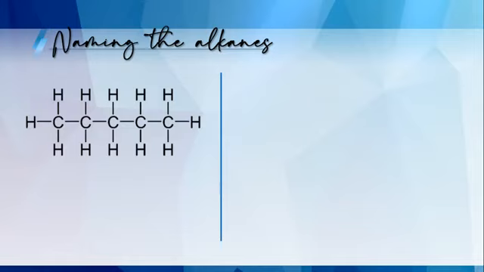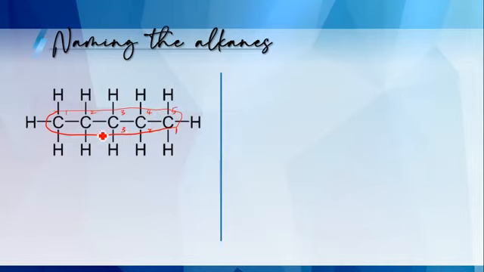Remember our steps to name, we have 5. The first one is to identify the longest chain. Here is the longest chain. The longest chain consists of 5 carbons. So number them: 1, 2, 3, 4, 5.